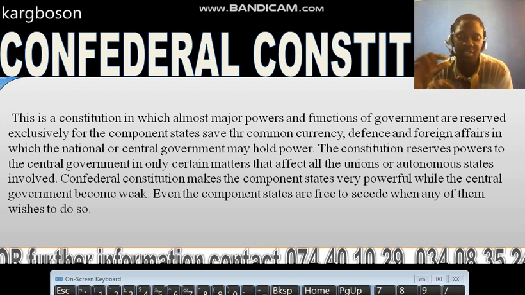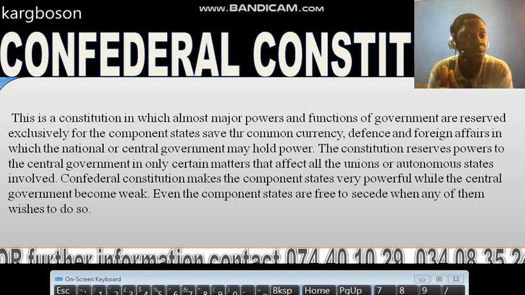So if you look at the written constitution, you discover that it's almost the opposite of the unwritten constitution. Because when we talk about the written constitution, we say it is a whole body of fundamental laws, customs, principles, conventions, rules and regulations that are codified or found in a single document. When you look at the unwritten constitution, it's the opposite.